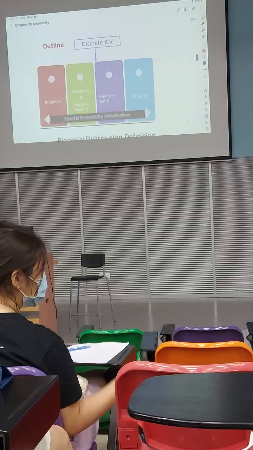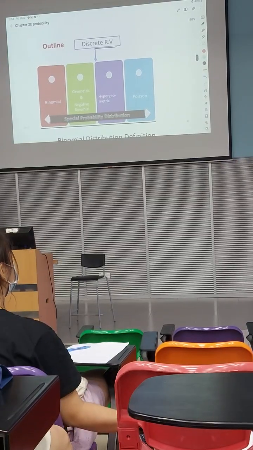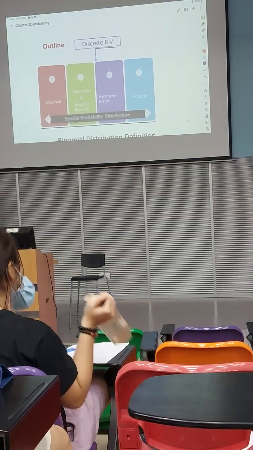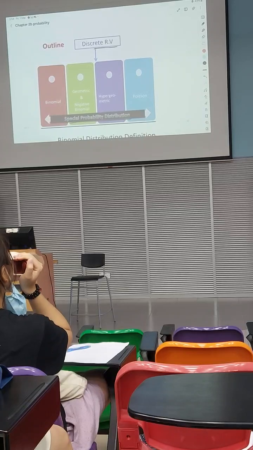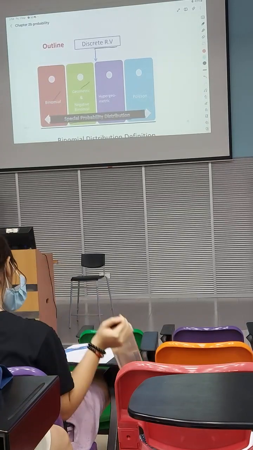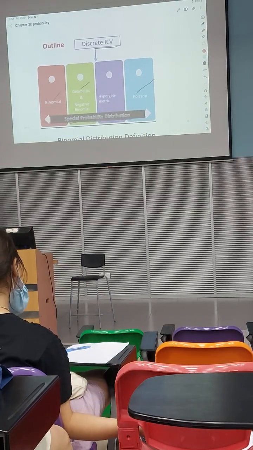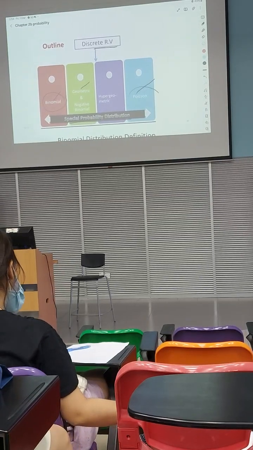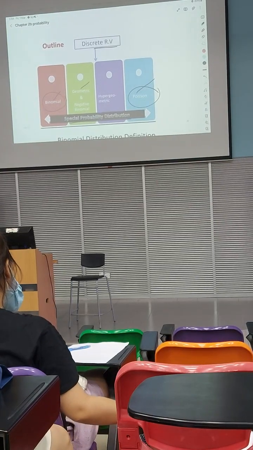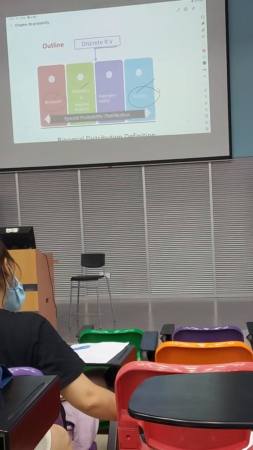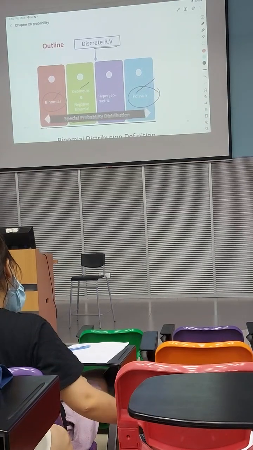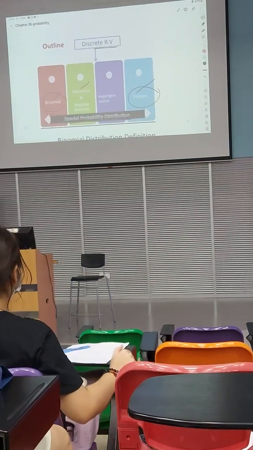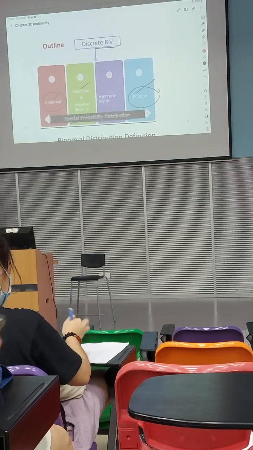For a discrete random variable, the special probability distributions can be, for example, binomial, geometric, hypergeometric, and Poisson. However, in this case, we will just focus on binomial and Poisson. I will not cover the other two. This is what you have learned, for those who attended the engineering mathematics. I already covered this.